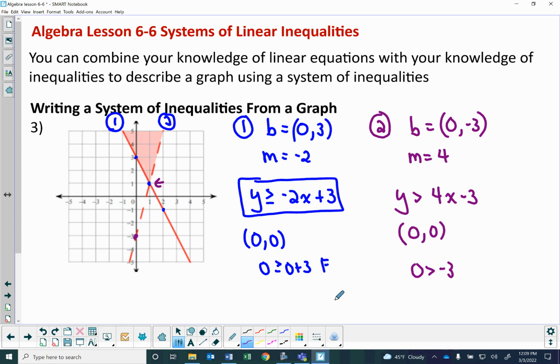Okay, 0 is greater than negative 3, and I would be shading towards 0 that way. So this inequality is y is greater than 4x minus 3. So we've written both of the inequalities that help to describe that system.